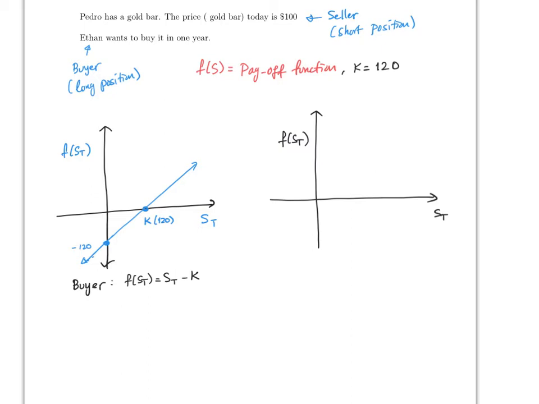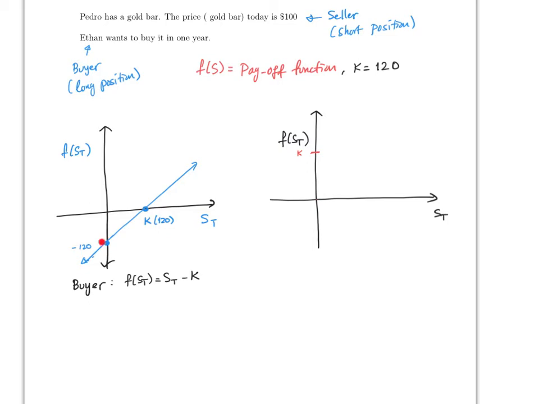Now, what about the seller? If in 1 year the price of gold is 0, then the seller automatically makes 120, because they already agreed to that. He will give the gold, which is worthless at this point, but Ethan still has to pay 120.